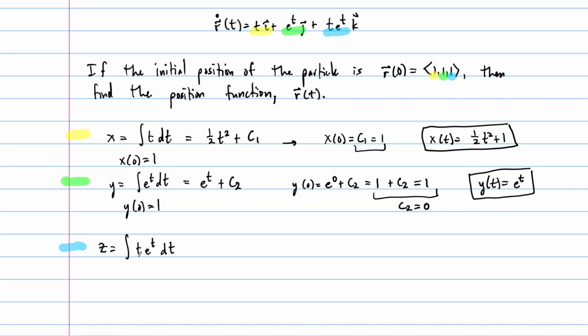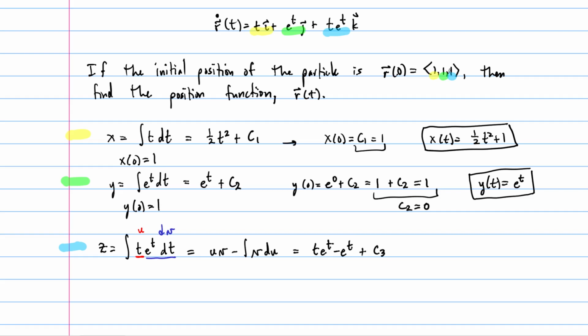This is going to be our u, and this is going to be our dv. Right, and remember the integration by parts formula says that this is going to be equal to u times v minus integral v du. And so if you work all this out, I'll let you guys do it, but if you work all this out, you get t e to the t minus e to the t. All right, and then plus c3.